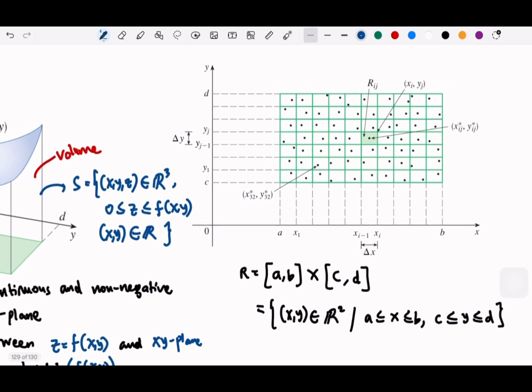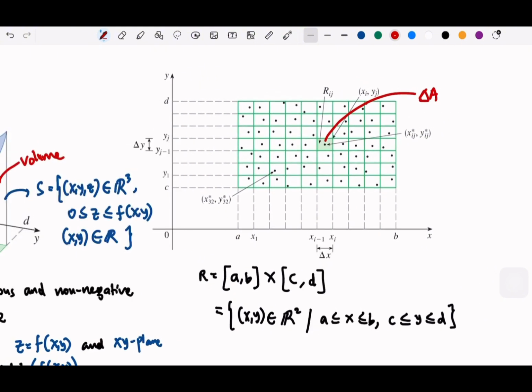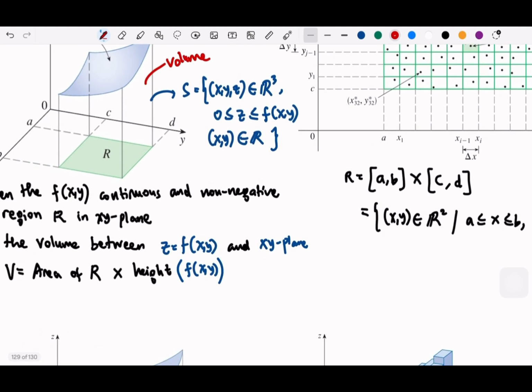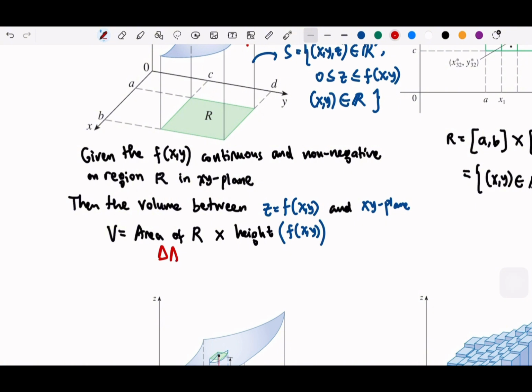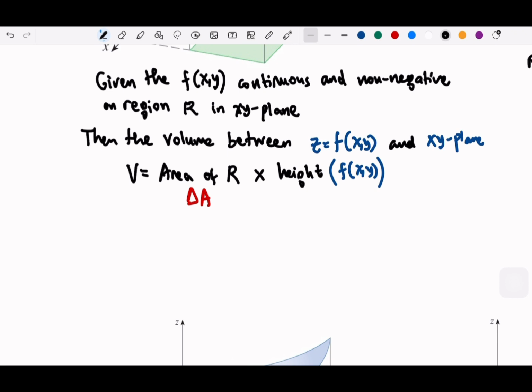So suppose that this small rectangle, we call this delta A, that is delta x multiplied with delta y. So this area will be going for this delta A here for the area of R. So the volume is delta A, let's say i, the smallest one, multiplied with f.